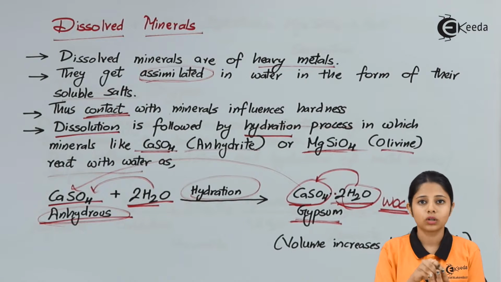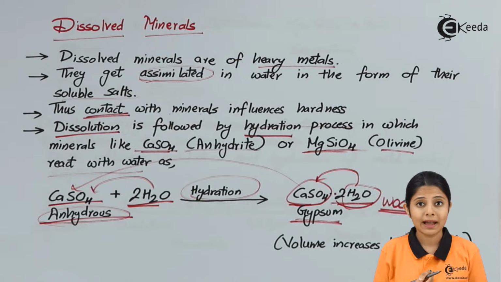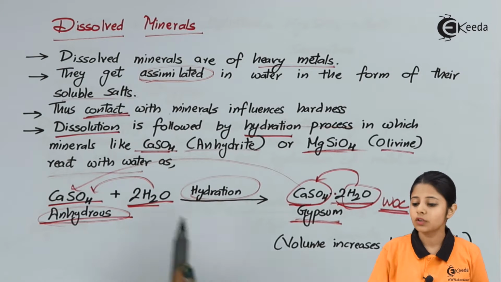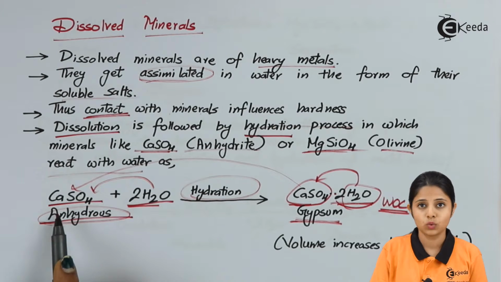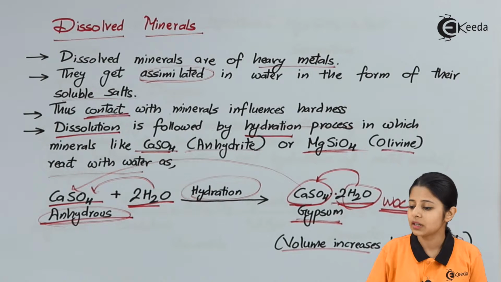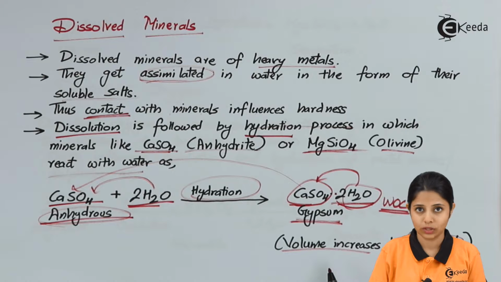Whenever you add water to an anhydrous compound, it will give crystallization to it. That means that powder will start looking like a crystal now. It also adds to the physical qualities of it, and at times it also changes the color of the powder. Because of addition of two molecules of H2O into CaSO4, the volume is increased by 33% because water is giving shape to it.